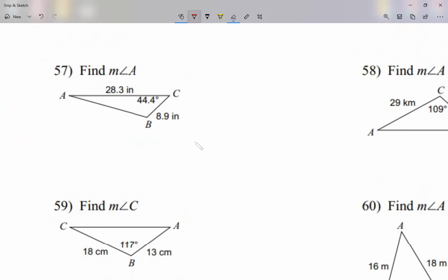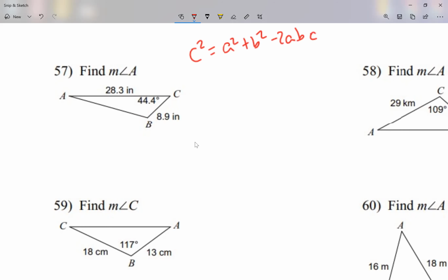Because I have angle C, I'm going to use the formula C squared is equal to A squared plus B squared minus 2 times A times B times cosine of C. So first thing I want to do is solve for side C.